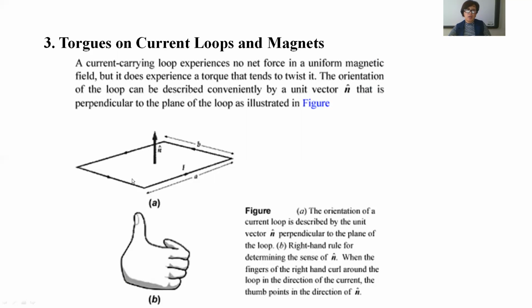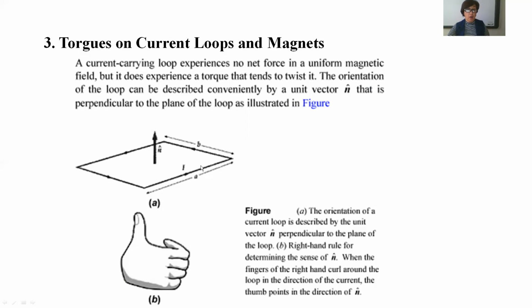A current-carrying loop experiences not a force in a uniform magnetic field, but it does experience a torque that tends to twist it. Here this is the figure. The orientation of the loop can be described by the unit vector n, perpendicular to the plane of the loop, as illustrated in the figure.